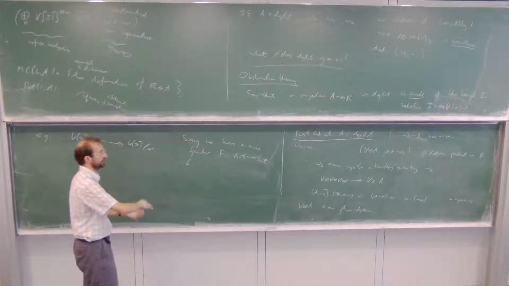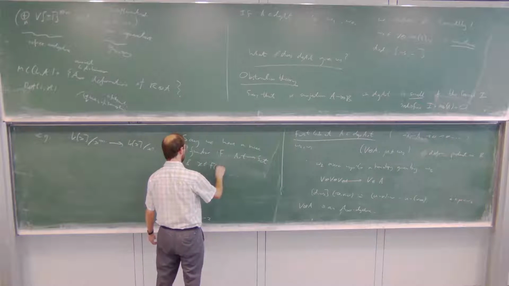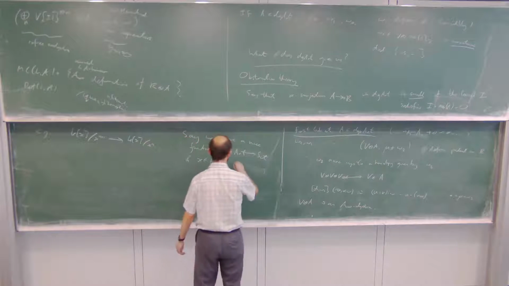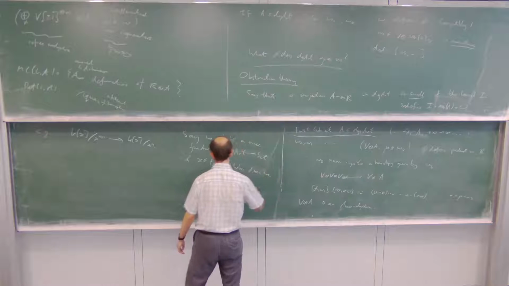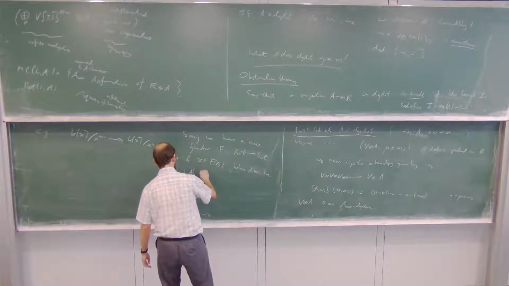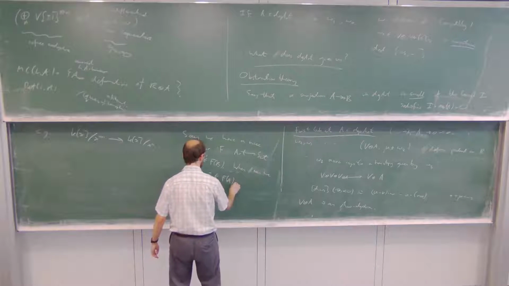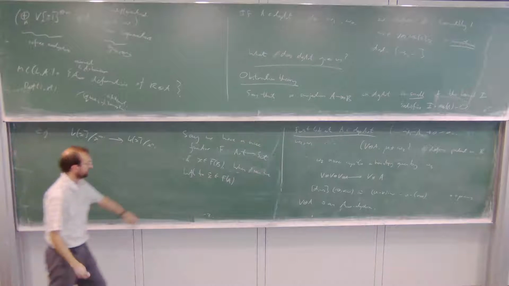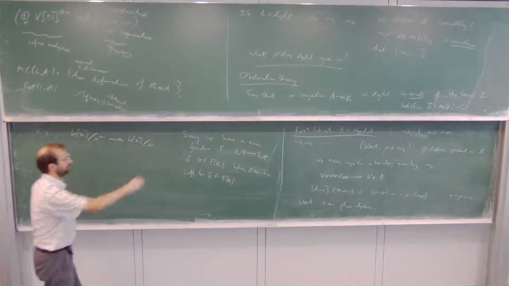You've got them over B, you want to get them over A. And given an element x in F of B, when can we lift to x tilde in F of A? So we want to know when does x lie in the image from F of A to F of B.